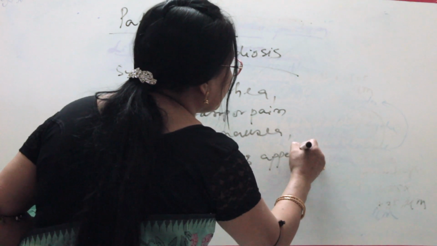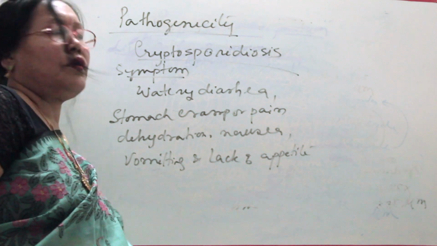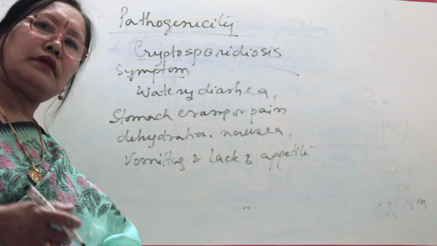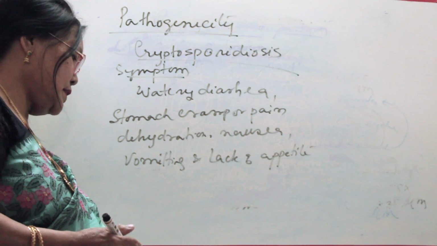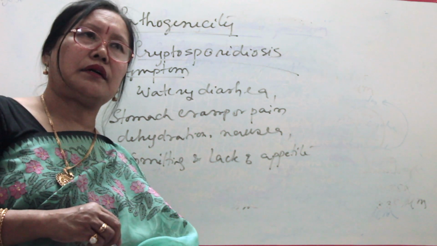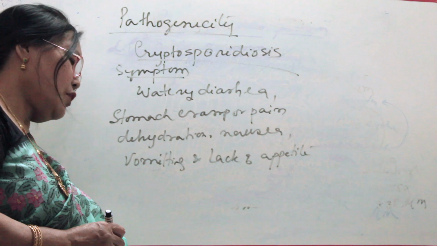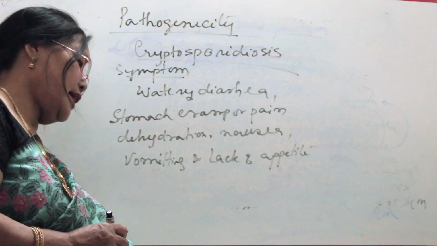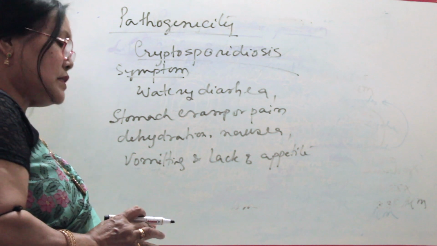These are the main symptoms for this disease, cryptosporidiosis. But symptoms can develop after the ingestion of the oocyst, after about 10 days of ingestion. And this is all about the symptoms.